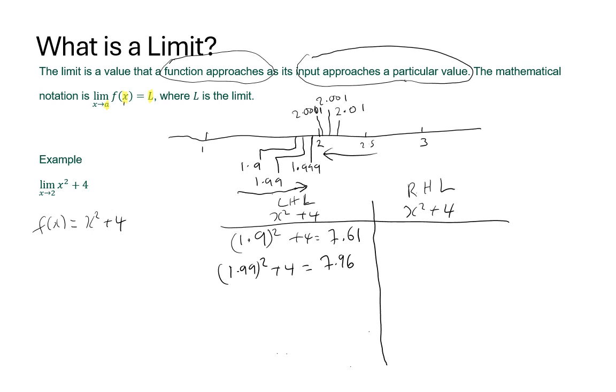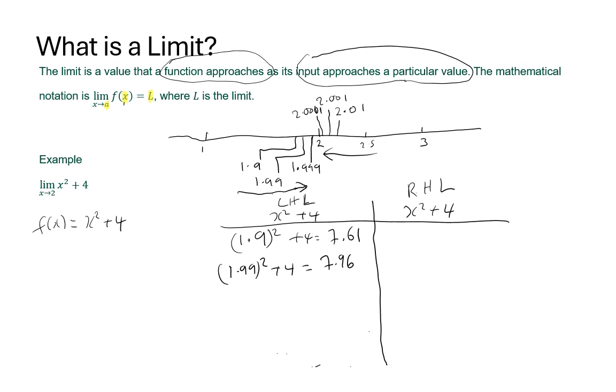Then the next is 1.999 times 1.999, then plus 4.